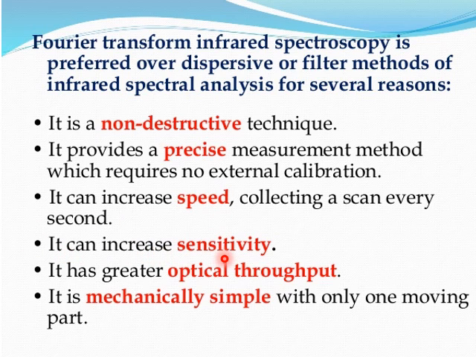It can increase sensitivity. It is a highly sensitive method. It has greater optical throughput. It has high light gathering property. It is mechanically simple with only one moving part.